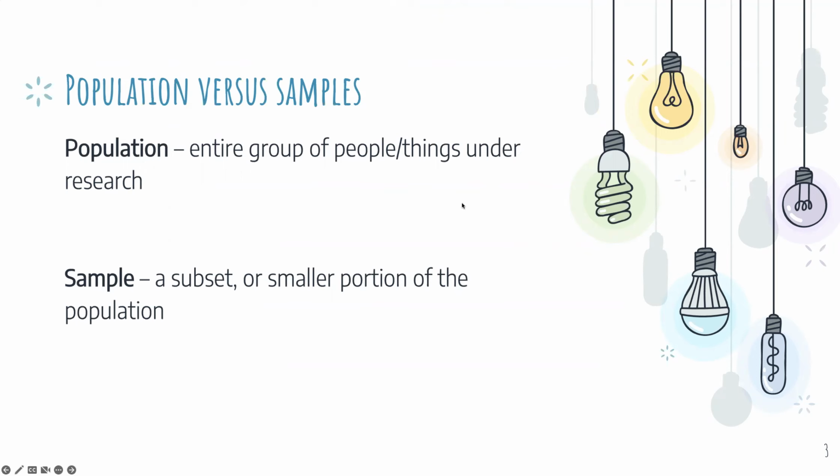Population is the entire group of people or things, subjects, that you are investigating. Think about something big, something you can take a subset of. That subset is a sample. It's just a smaller portion of your population.